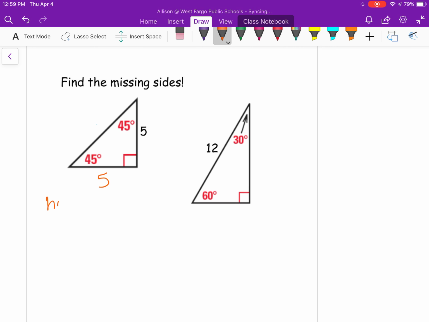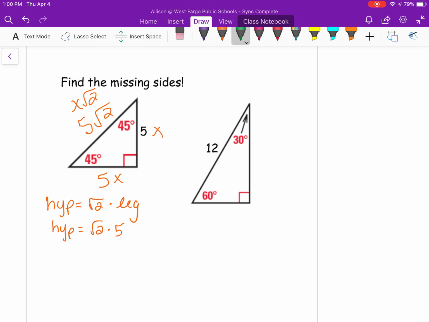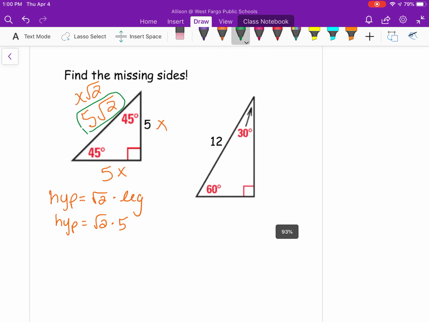Then we know that the hypotenuse is the square root of 2 times the leg, so the hypotenuse is square root of 2 times 5, or 5 square roots of 2. This is x, this is x, this is x square roots of 2. So if x equals 5, then the hypotenuse is 5 square roots of 2.